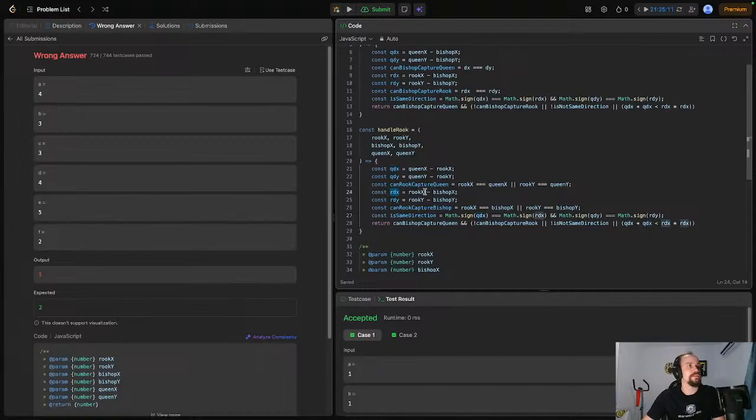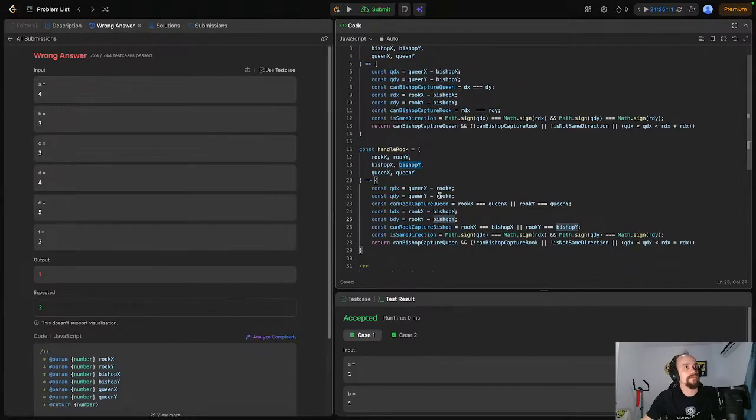This should be b dx, b dy. And ultimately, the only reason this code doesn't end up working is because I copy-pasted something incorrectly.